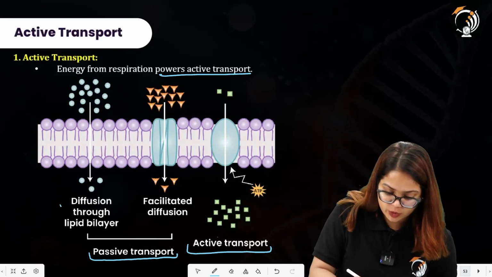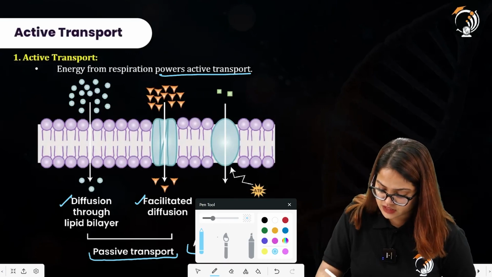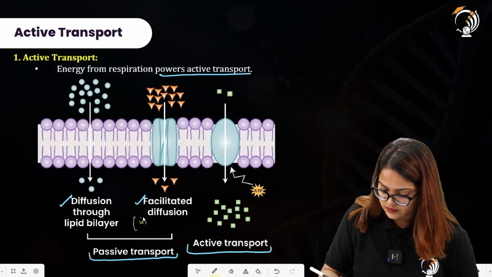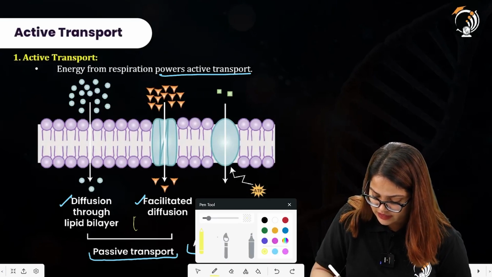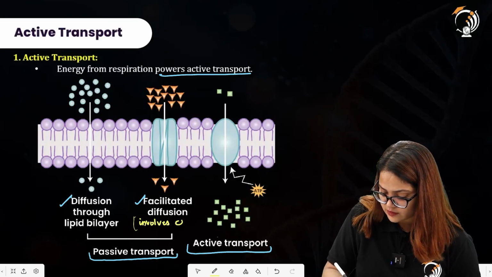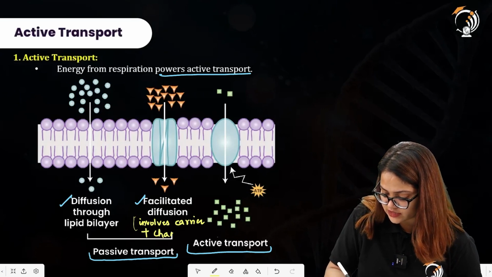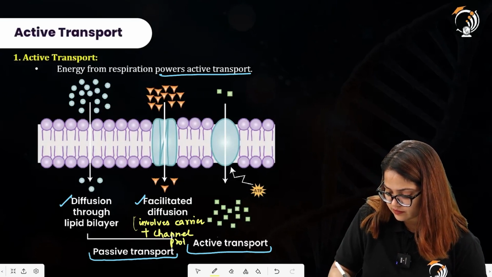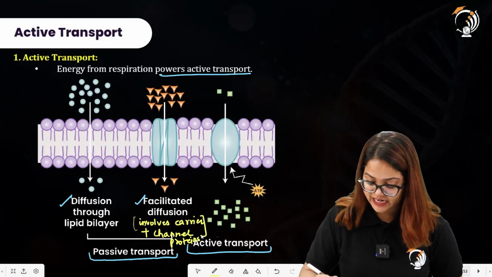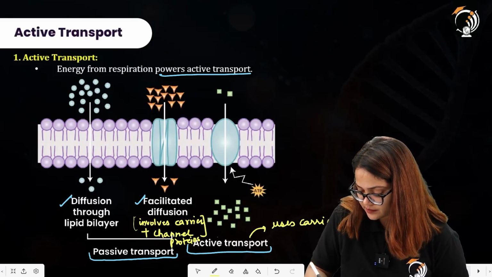Here normal diffusion is observed, and facilitated diffusion is observed, which involves carrier proteins and channel proteins as well. Whereas when we talk about active transport, it uses carrier proteins only.